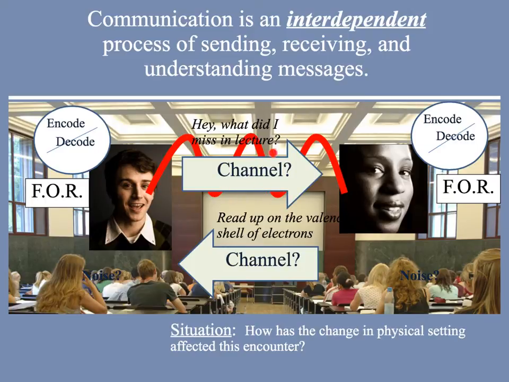This may also change the message. If we're using a different channel, say like texting, we might use abbreviated characters. So that's an example of how the channel itself is going to change the message in some way. It's going to change the way that messages are understood too, because we have different associations with the physical setting. This is going to change the way we encode messages. This might change the way we decode messages.